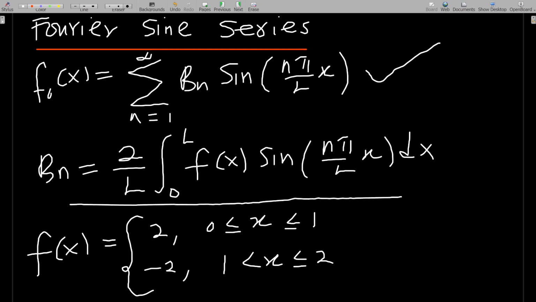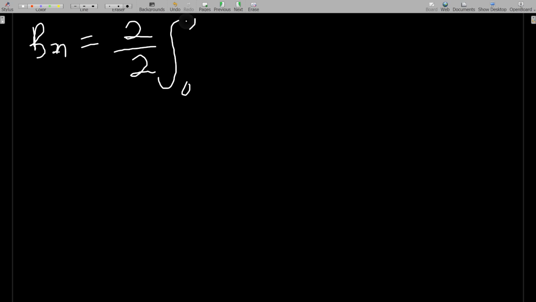The Fourier sine series is given by this, and so the Bn is also given by this: 2 over L integral 0 to L. Remember, we are using this formula because of the range 0 less than or equal to x less than or equal to 2. So first of all, our Bn will be equal to 2 over L, where L here is 2, integral 0 to L, where L here is also 2, then f of x. f of x here is piecewise, that's why I'm writing it back.